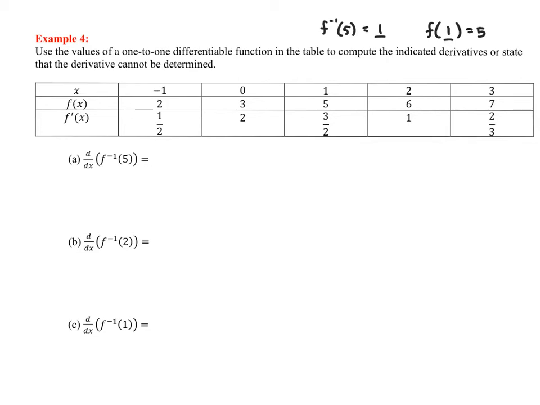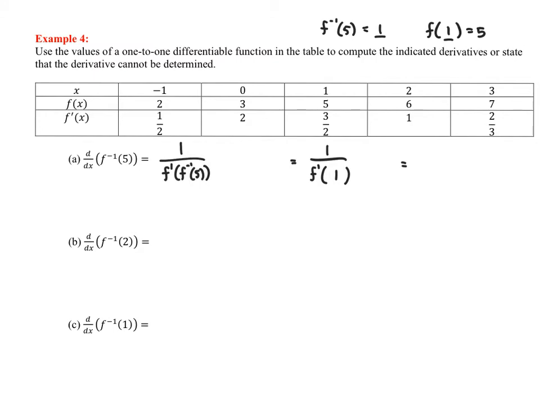So when I'm looking for the derivative of the inverse at 5, I'm going to utilize the formula we just developed, which is 1 over f prime of f inverse of 5. That will be equivalent to 1 over f prime of 1.